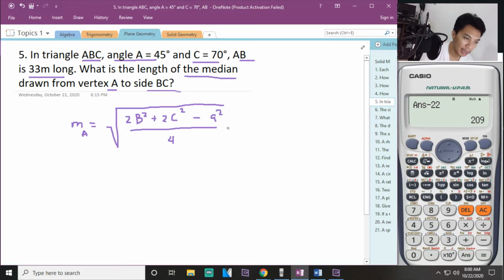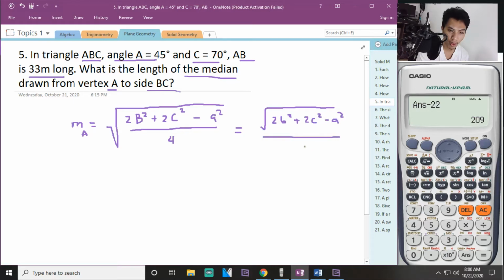Sir, may nagtatanong sa akin, bakit hindi ko na in-square yun sa baba? Kasi nga, in-square root ko na yan. So, pwede nitong ganito: 2b squared plus 2c squared minus a squared over 2. Ano ba square root ng 4? Di ba 2? So, this is the median drawn from the vertex A to its opposite side.